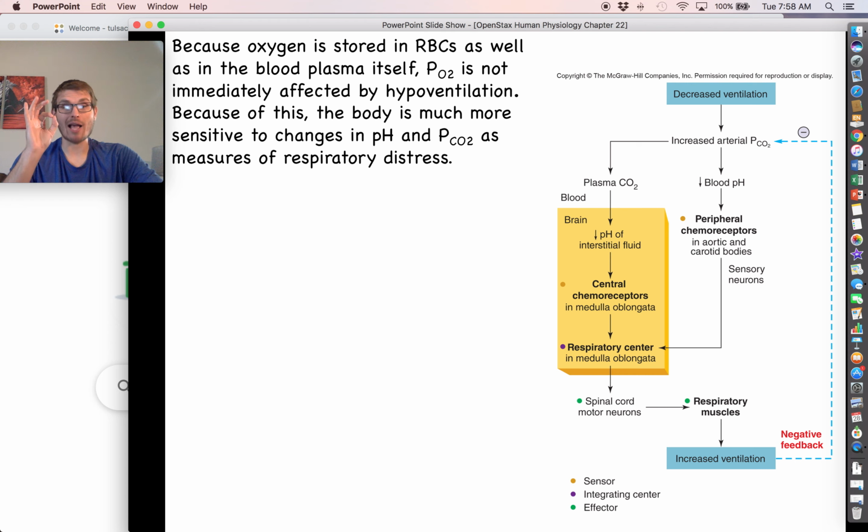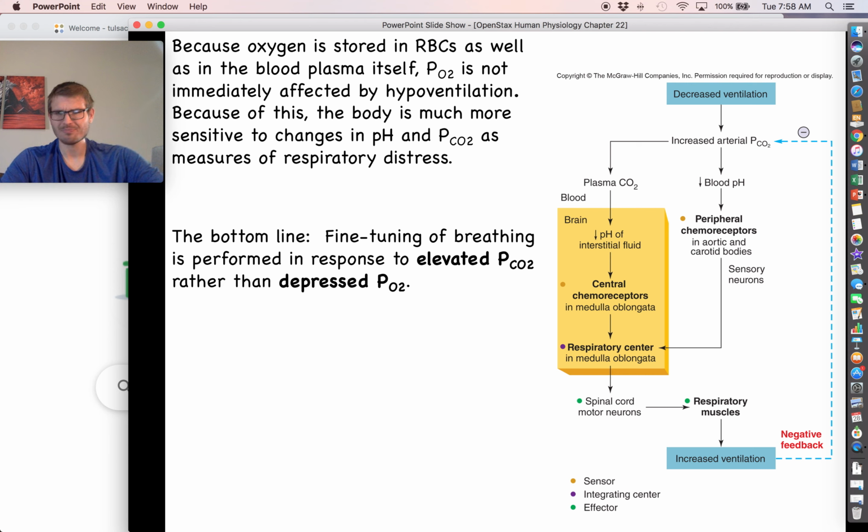If you are using oxygen as your stimulus, you're basically going to be waiting until things get really, really bad before you start thinking about hopping into action. Whereas if you're measuring carbon dioxide and pH, you can fix things before your PO2 levels ever start to change at all, which, if you think about it, is the ideal way of going about this.